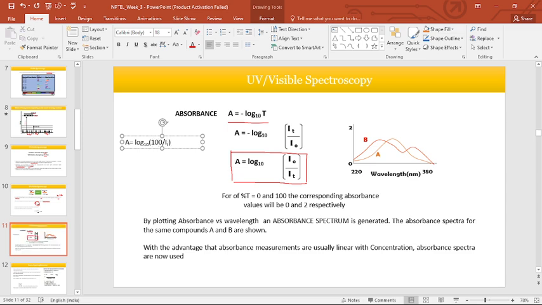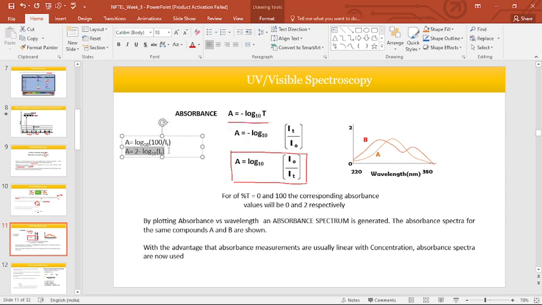From here we can get to an equation like this: A equals 2 minus log IT.